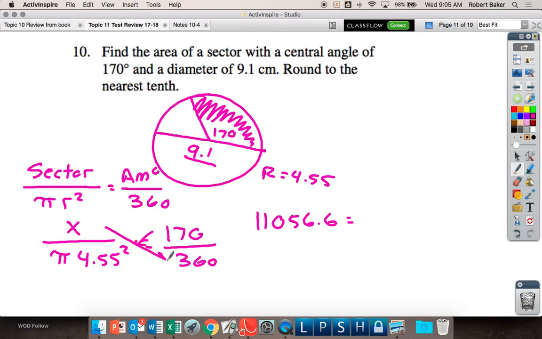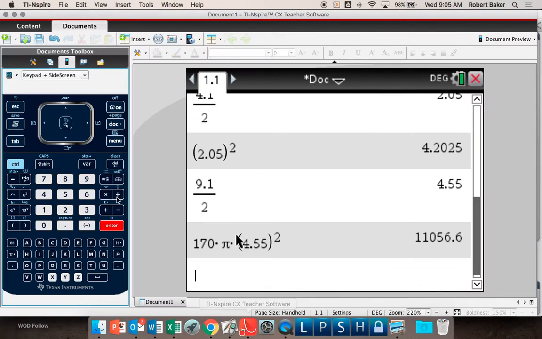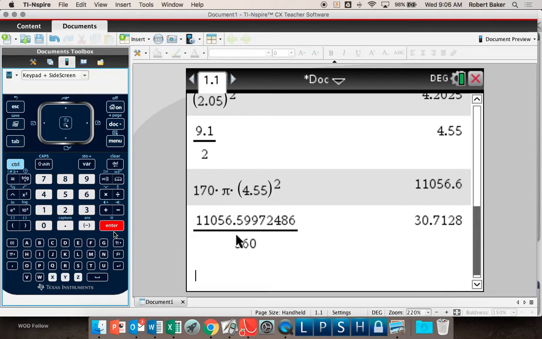And what's x times 360? 360x. So to get x by itself, we'll divide both sides by 360. We do that number divided by 360, and we get 30.7. So our answer is just 30.7.